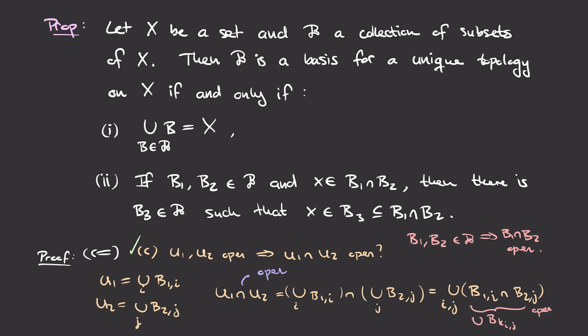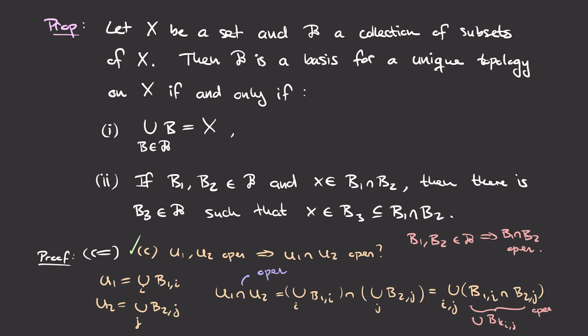And then the collection of open sets defined in this way will actually be a topology, meaning that they satisfy these three properties we need for the topology, namely that the empty set is open, the entire space is open, arbitrary unions of open sets are open, and finite intersections of open sets are again open. And you can see this last part of the proof is maybe a bit convoluted because we have unions over unions of things and so on.